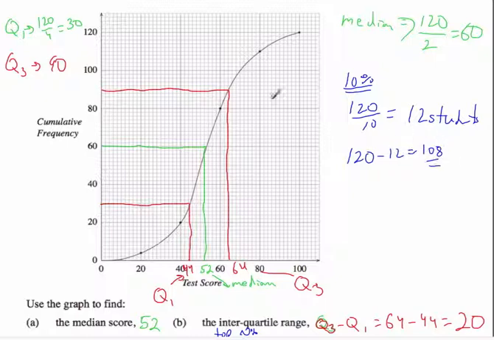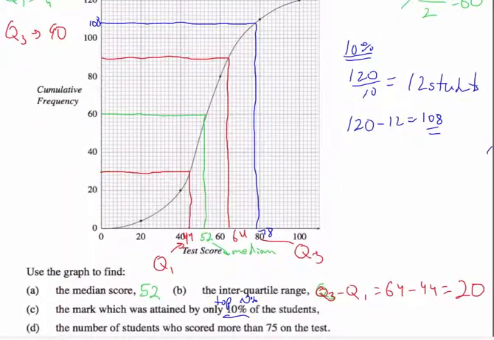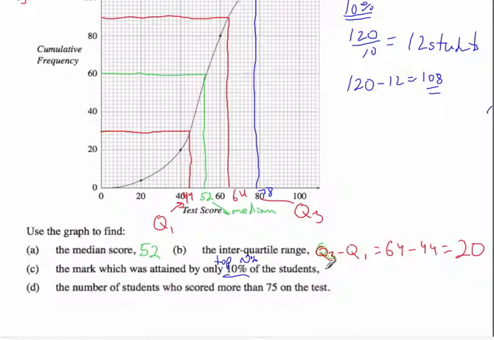So we need to go to the 108 mark over here. 102, 104, 106, 108 is right there. And then we'll go across until we hit this point, which looks like it is 78. So the top 10% of the students scored 78 on the test.